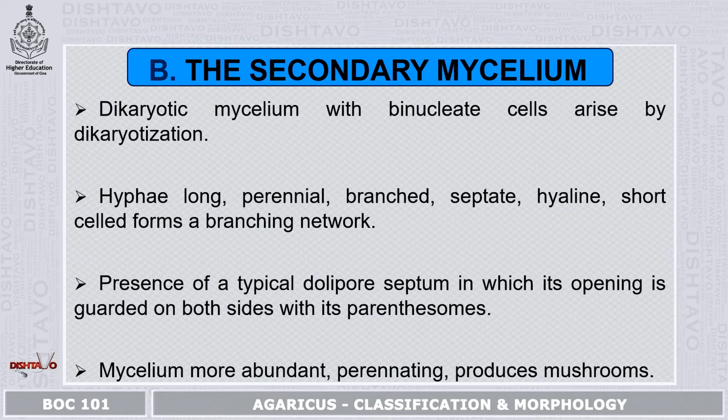This mycelium also has a typical septum called the doliporeseptum, which is found mostly in the basidiomycetes, in which its opening is guarded on both sides with a parenthosome. This mycelium, the secondary mycelium, is most abundant, perennial, and will form the tertiary mycelium, and this tertiary mycelium will give rise to mushrooms year after year.